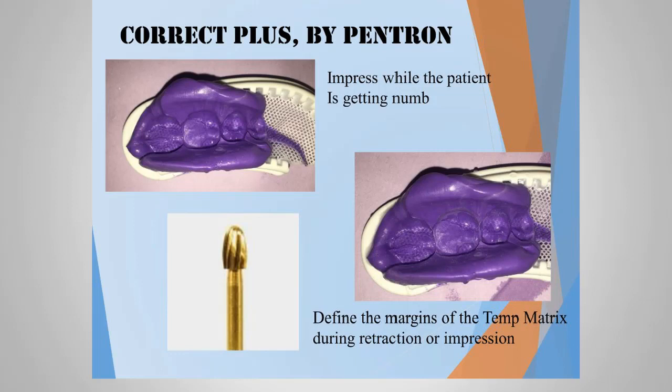Then I'll go again with this gold finishing burr around the margins and define those margins buccally and lingually, and remove some of the interproximal material so that the temporary material that I do use, when it goes into this matrix, will do a good job of holding on or shaping around the prep in a way that replicates the shape of the tooth before we prepped it.